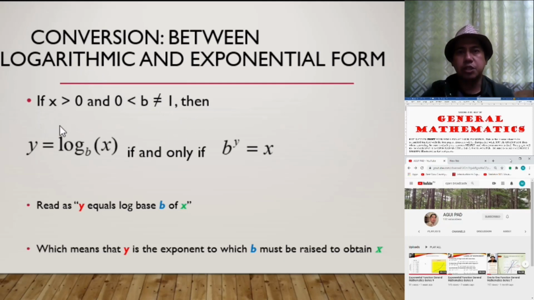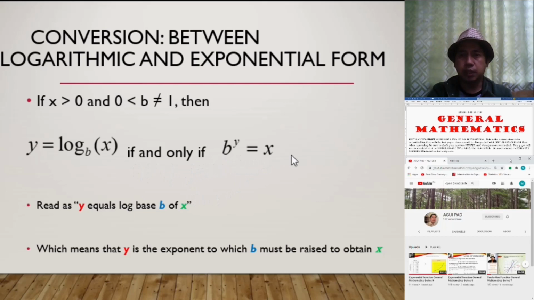We have the statement: if x is greater than 0 and b is greater than 0 but not equal to 1, then y is equal to log of x with base b if and only if b raised to y is equal to x.